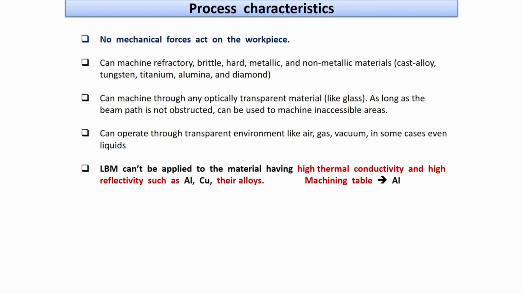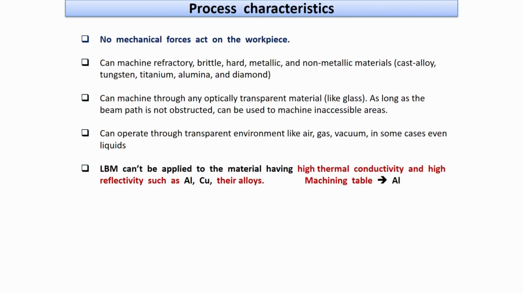So it can machine any optically transparent workpiece material as long as the laser beam is not obstructed by the workpiece material. As long as it passes through or is transmitted through the material, it can be utilized. So any inaccessible areas, if the laser beam is not obstructed, can be machined.